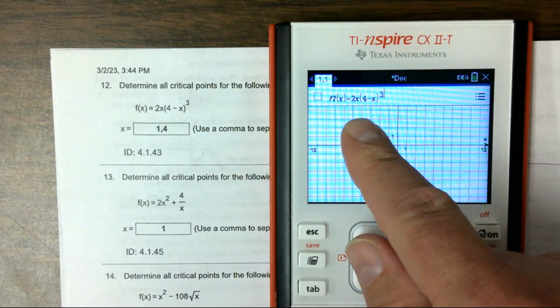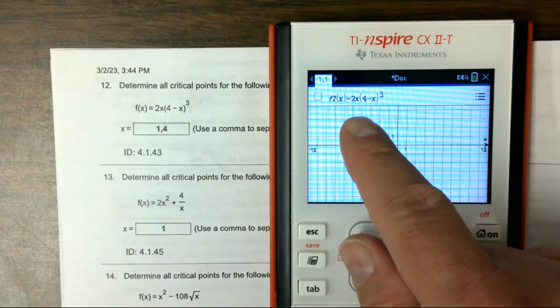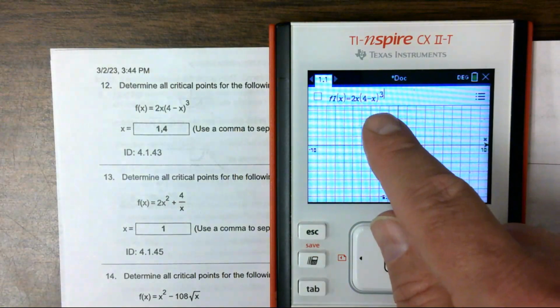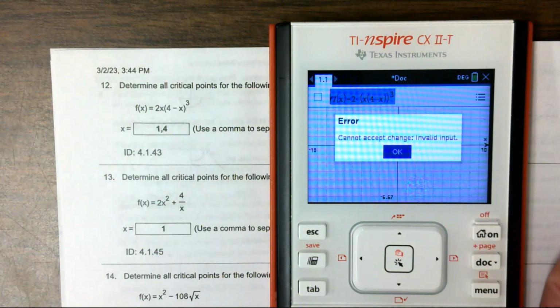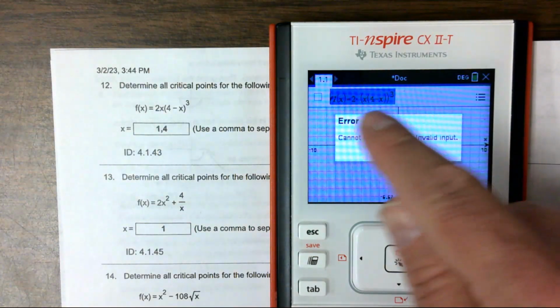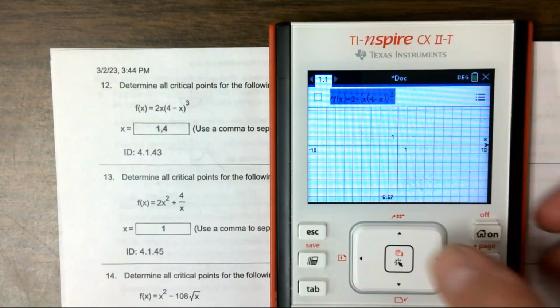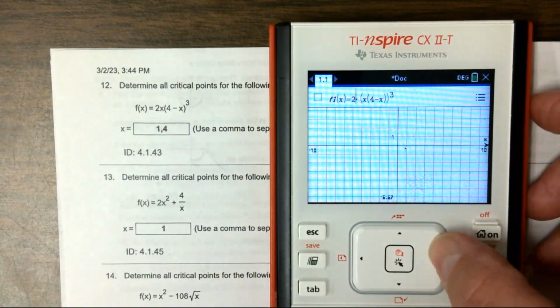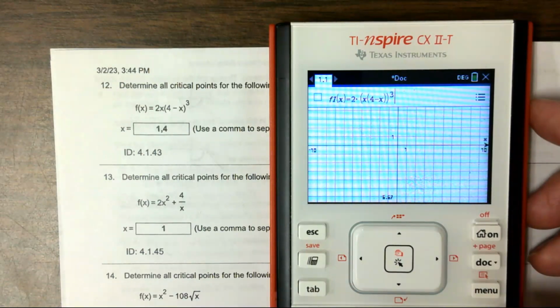The error would be that there's no times sign listed between the x and the parentheses. Sometimes it doesn't like that. So let's see. Yeah, it doesn't like that. So when you're graphing it, you've got to make sure that you're typing it right.